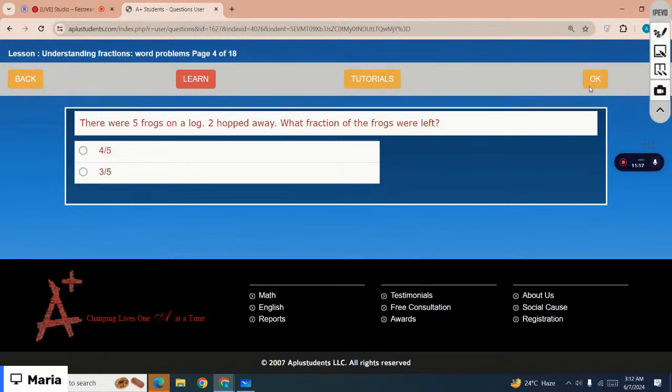Two hopped away, so still three are left. That would be 3 out of 5. The correct option is 3 out of 5. Very good, everyone.